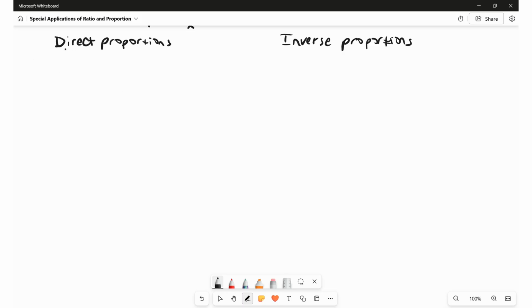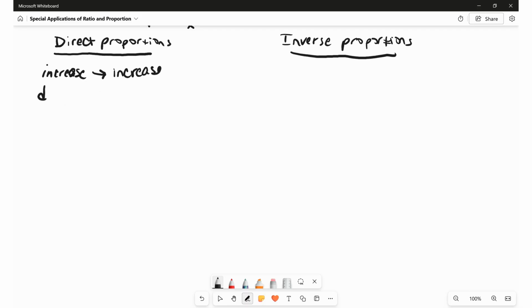Okay. So when we're talking about these two things, in direct proportions, if thing number one increases, that means that thing number two is also going to increase.